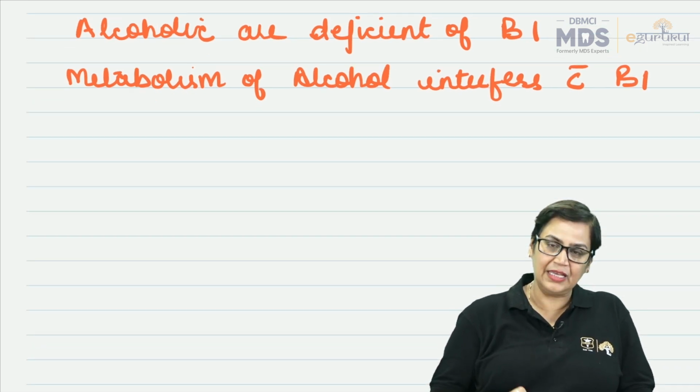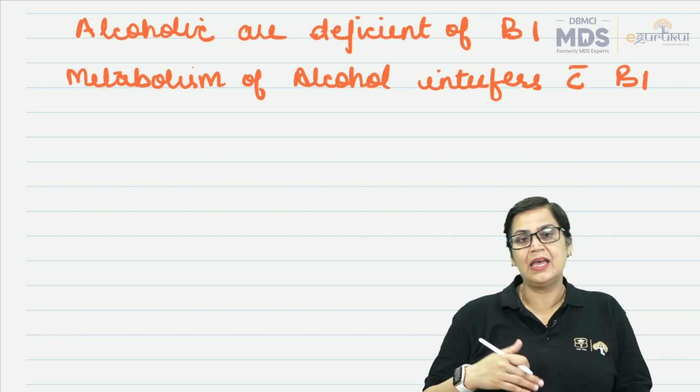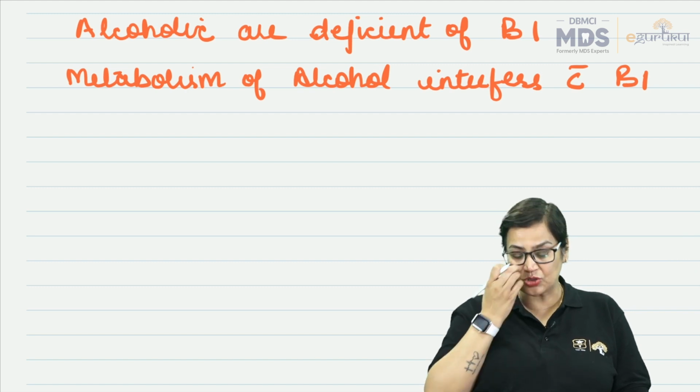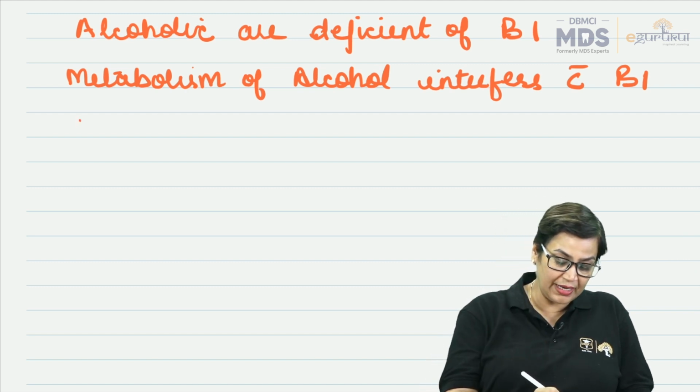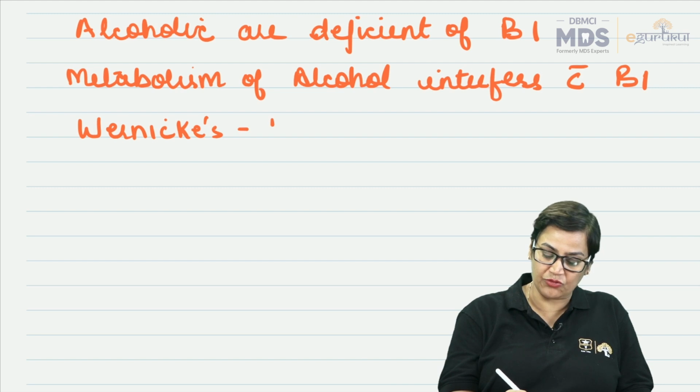That is why they are deficient of this. Now see, what happens is that if alcoholism is there and he is B1 deficient also, it leads to Wernicke-Korsakoff syndrome.